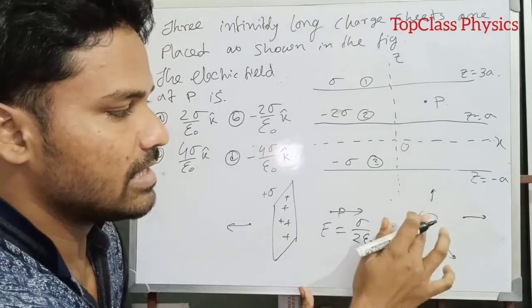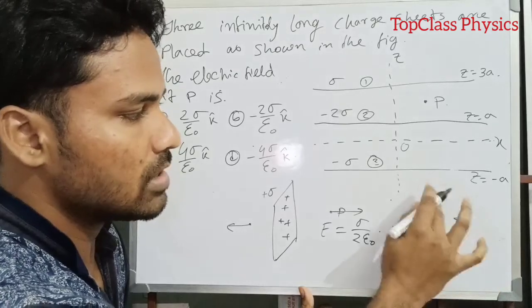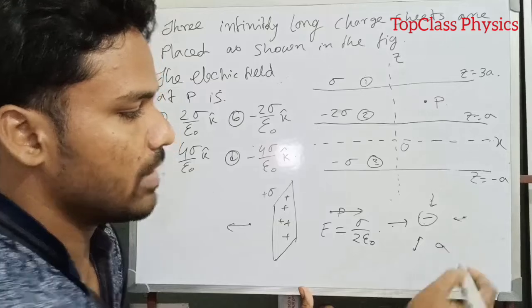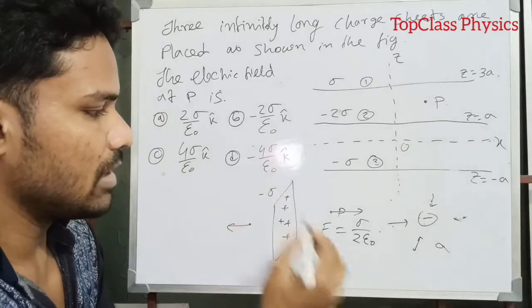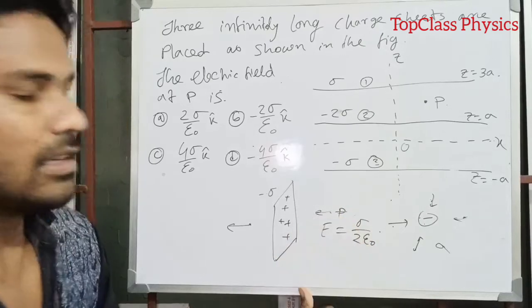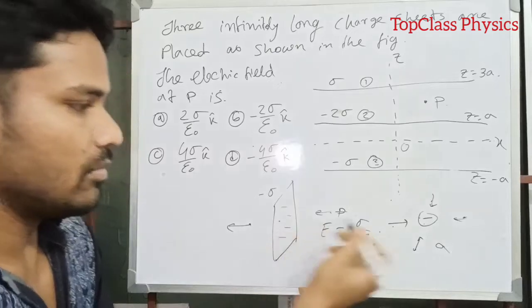And if, instead of plus charge, I take a negative charge, the electric field is always towards that charge. Remember it. If this is negative sigma, the electric field value is the same, but the direction is towards that plate. For negative charge, towards it.